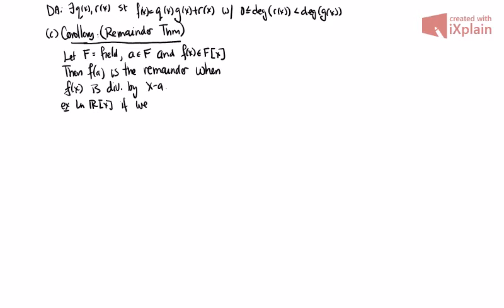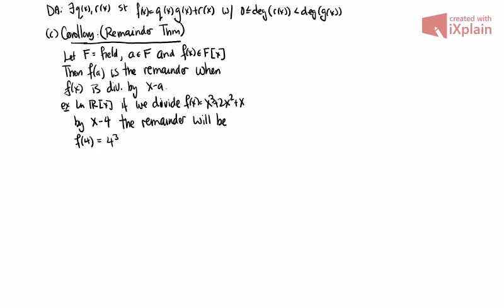If we divide, say, f of x equals x cubed plus 2x squared plus x by x minus 4, the remainder will be f of 4. Right, it'll be 4 cubed plus 2 times 4 squared plus 4, guaranteed, whatever that value is.